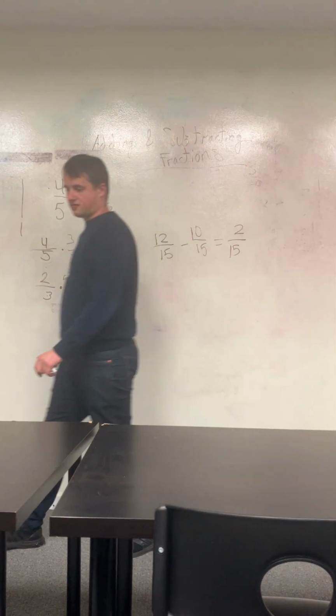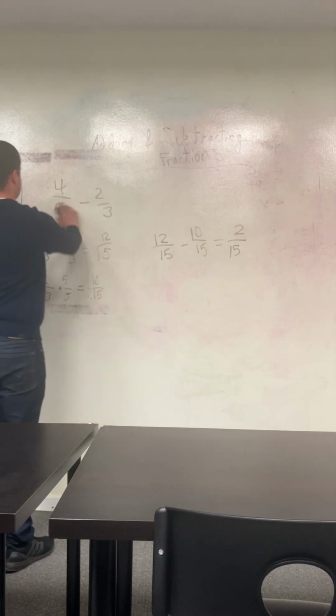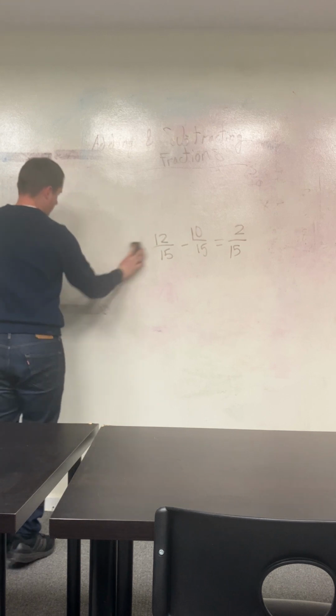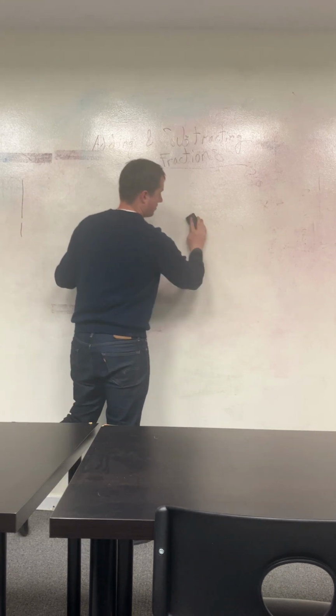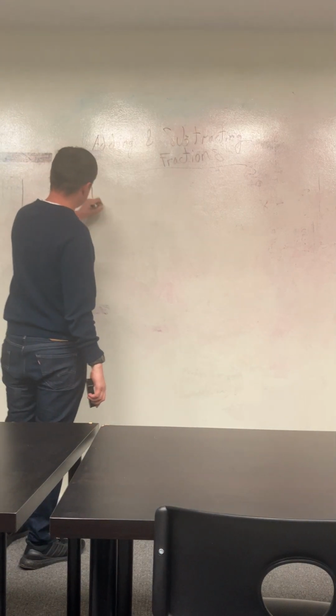Let's try one more of these, and then we'll be rocking on out of this subject. And this is the hard part, getting them to have the common denominator. 2/8 minus 1/6.